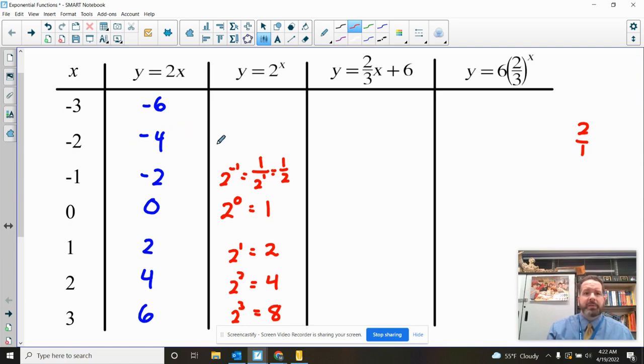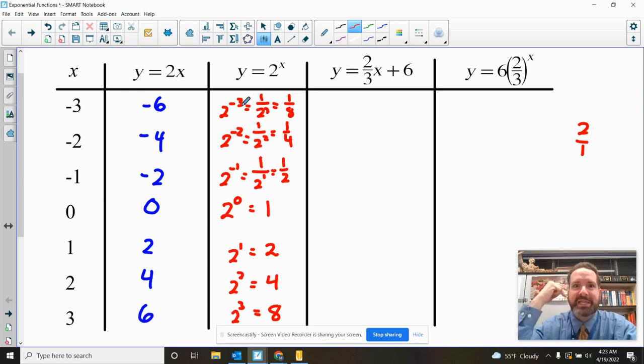Next up, 2 to the -2 power, a negative exponent just flips upside down and becomes a positive exponent. So 1 over 2 to the second, which is 1 over 4, which is 0.25. And then 2 to the -3rd is just 1 over 2 to the positive third, which ends up being 1 over 8, or 0.125.